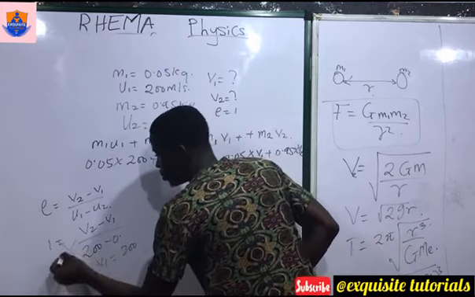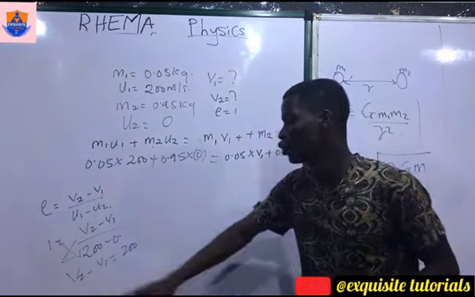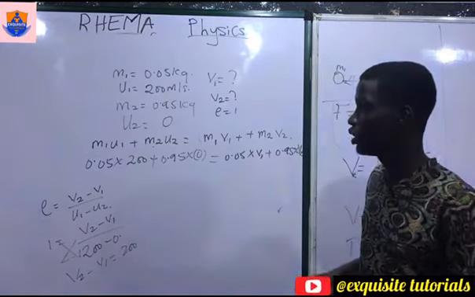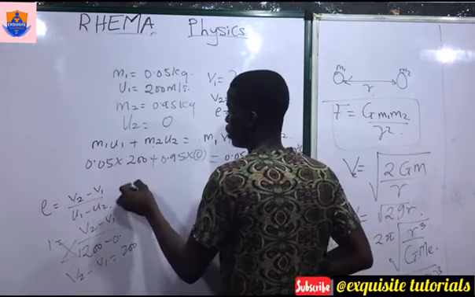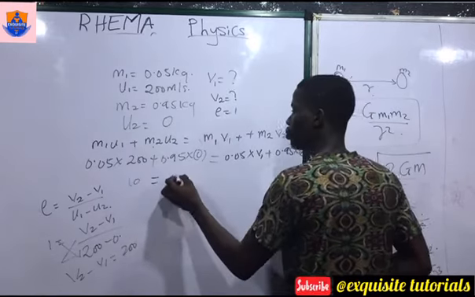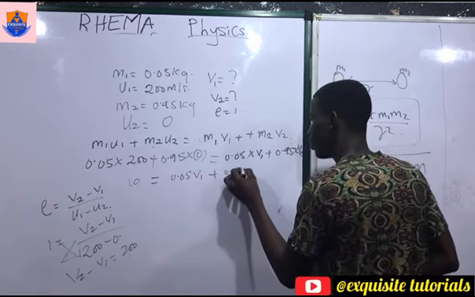If you cross multiply here, we're having v2 minus v1 equal to 200. Then, from the momentum equation, I got 200 times 0.05, which is 10. So 10 is equal to 0.05 v1 plus 0.95 v2.